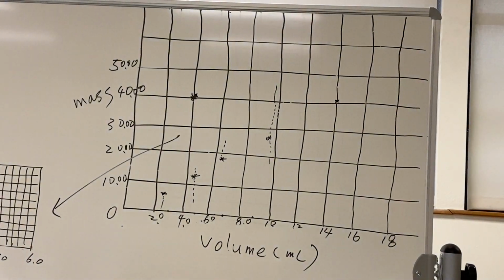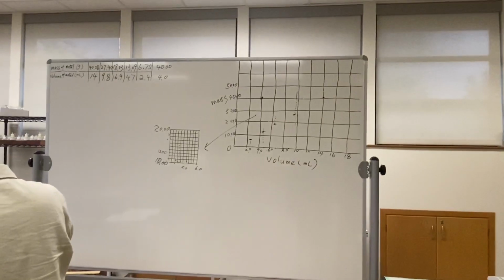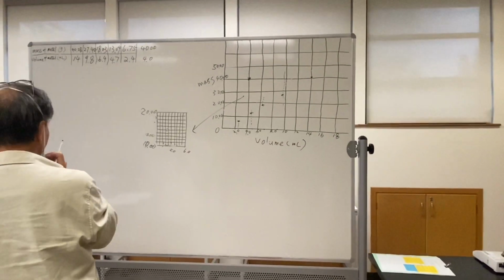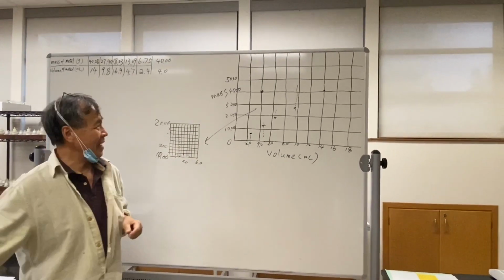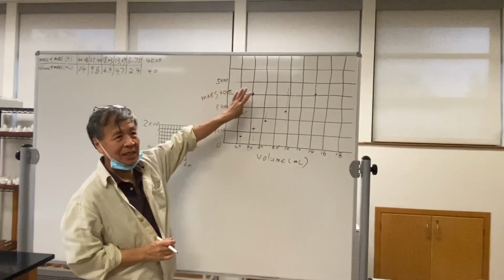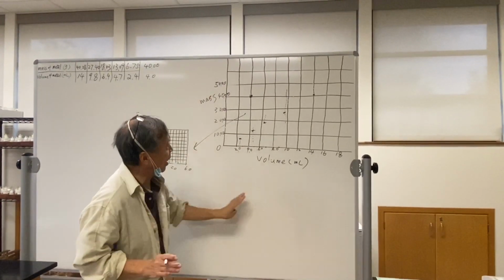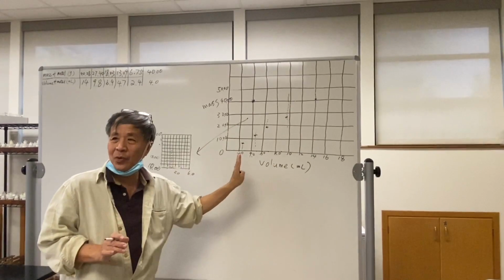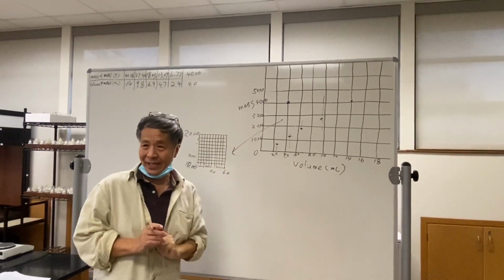But if you have reviewed your page 18, you will know, you are told, if a data point is very obviously not a part of the data population, you should not include it.